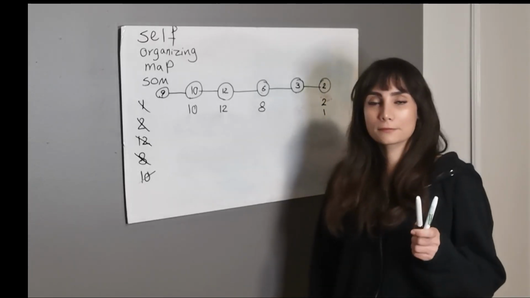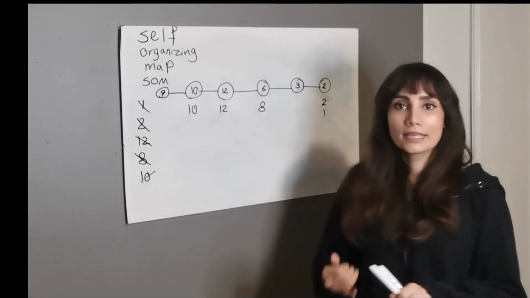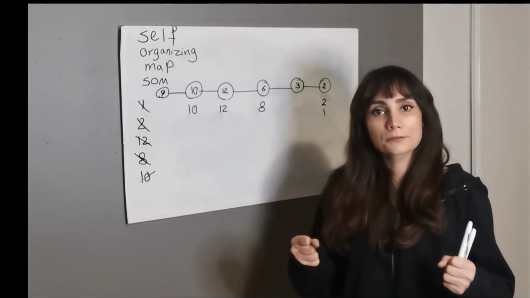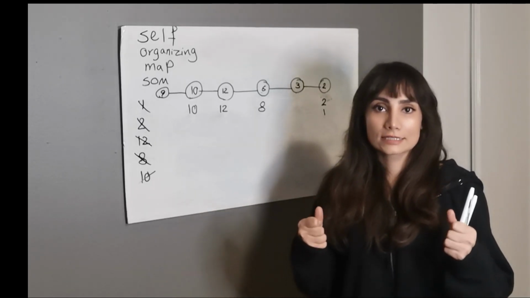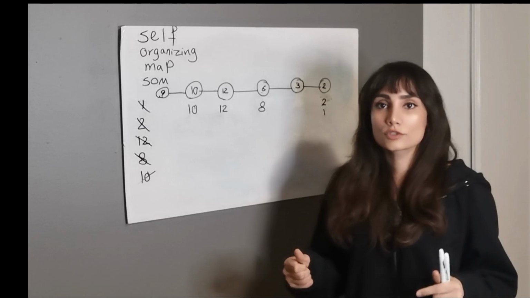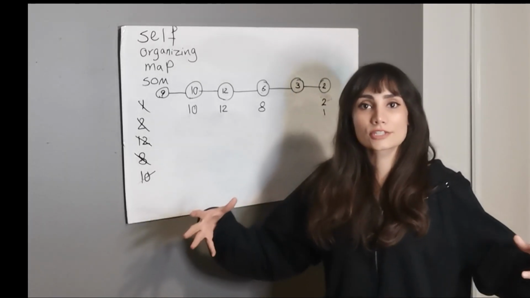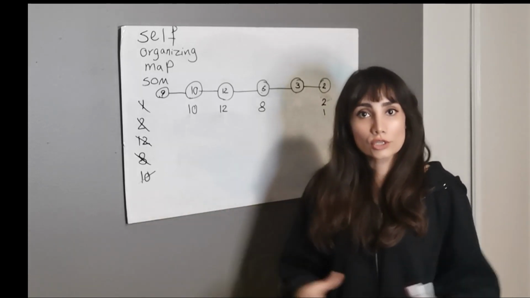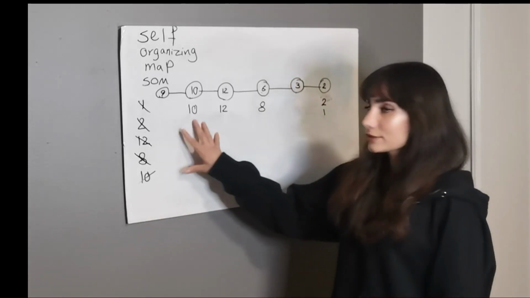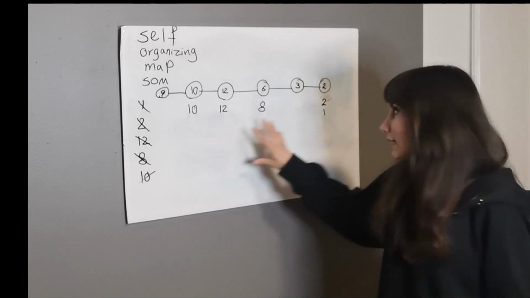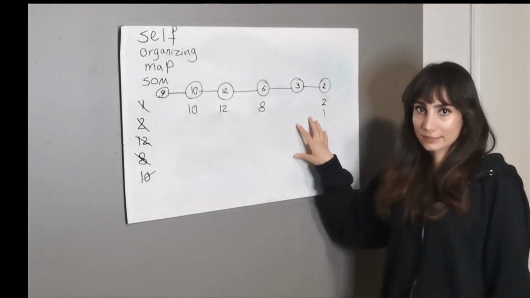There are multiple benefits to SOM. One, it can preserve the topology of the data. So it is able to put the points that are similar to each other closer together. So right now the bigger numbers are on this side and smaller numbers are on this side.